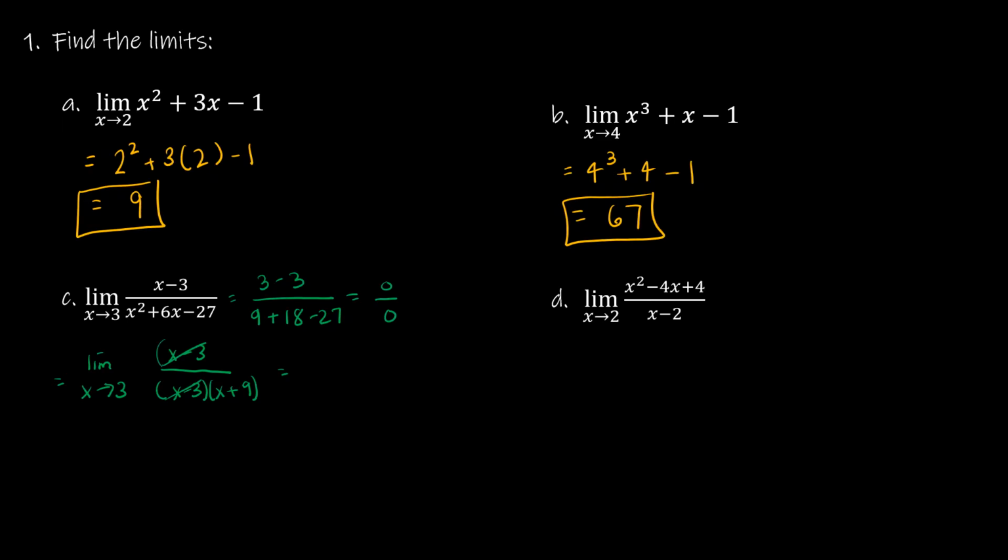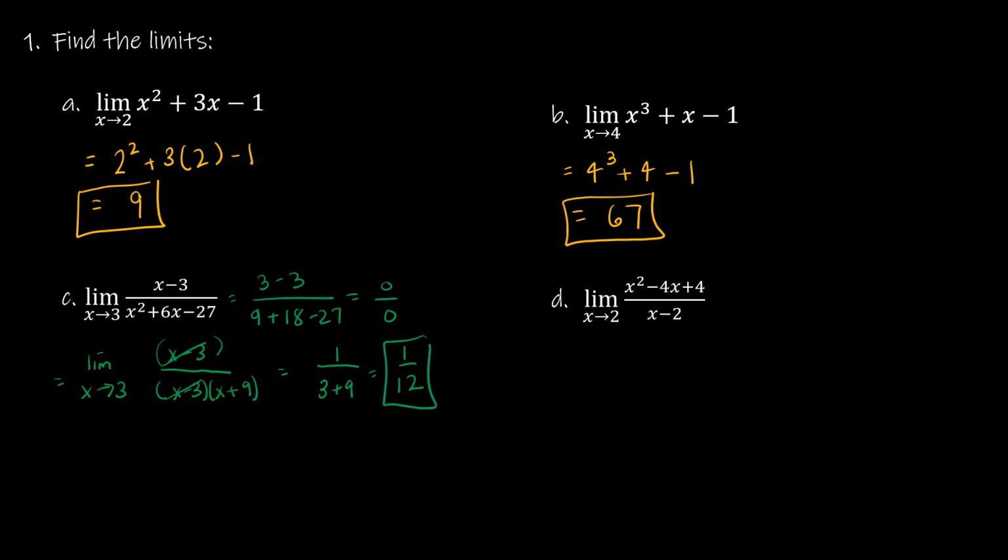And those 2 factors of x minus 3 will cancel. Now what does that mean? That means at the point x equals 3, our function has a hole. But the limit of the function still exists, and that limit would be 1 over 3 plus 9, or 1/12. So as x approaches 3, y approaches 1/12.